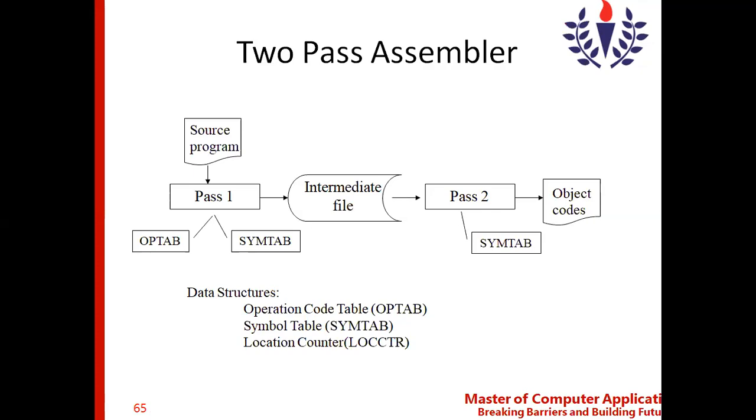From pass 1, what you get from the assembler is the intermediate file. The intermediate file will be the input for pass 2. After the processing of pass 2, the assembler generates the object code. So this is the entire skeleton of how the two-pass assembler works.